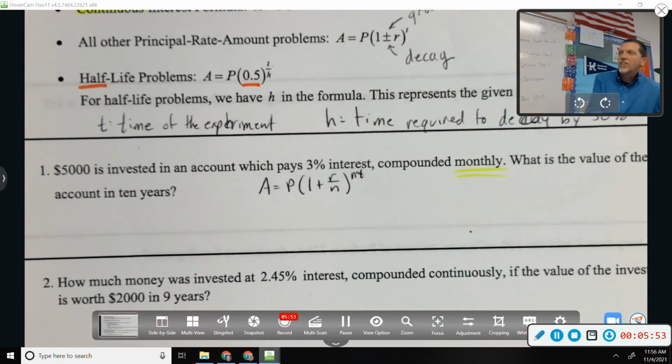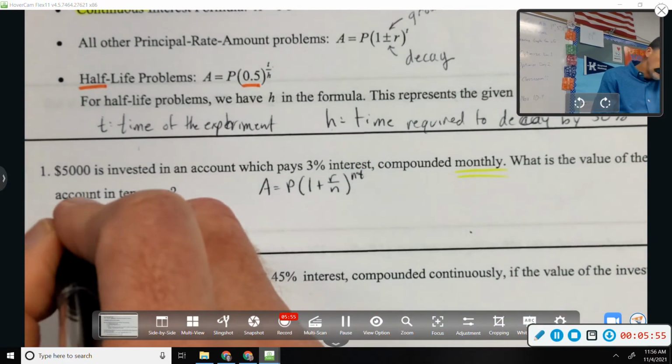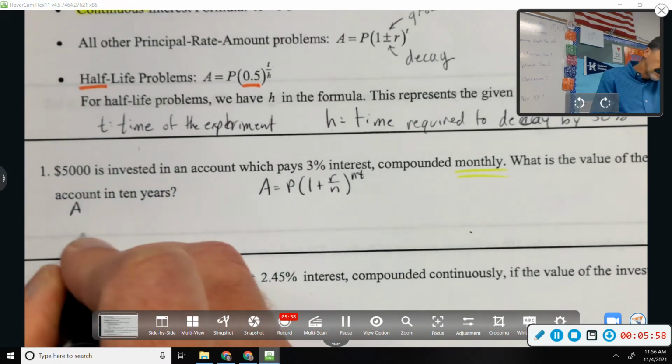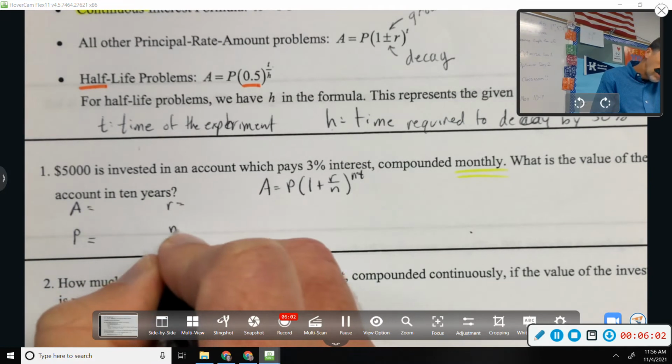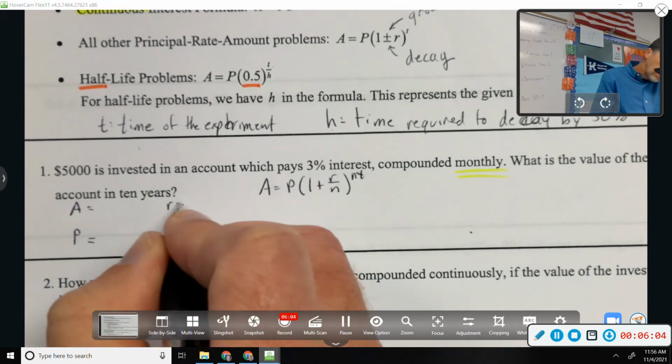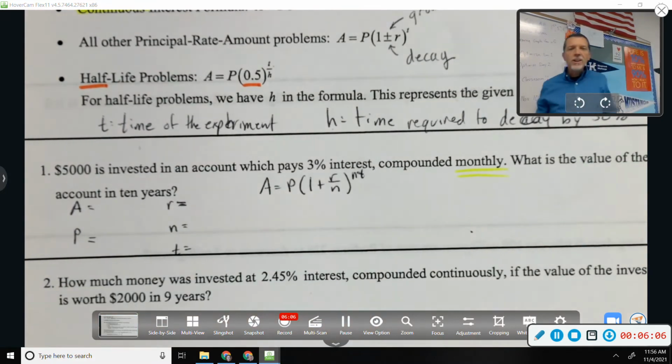And then let's figure out which variables we know and which ones we're looking for. So A and P and R and N and T. There's a lot of letters in this problem. So A is the amount. What's the amount?